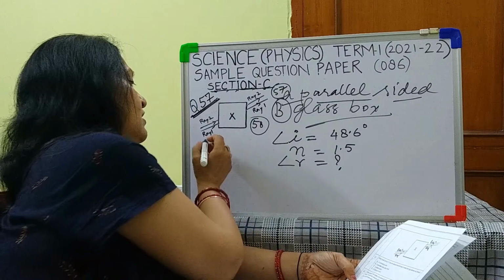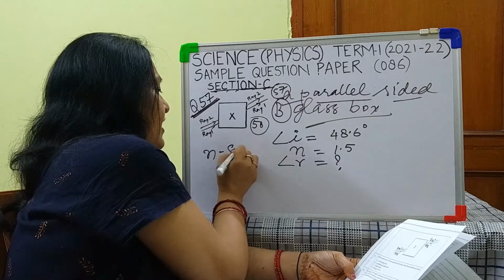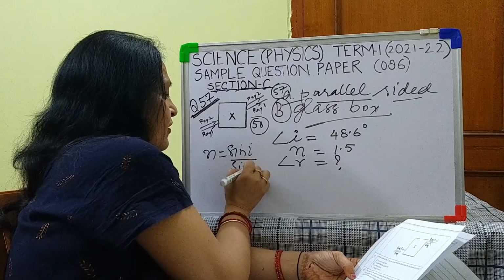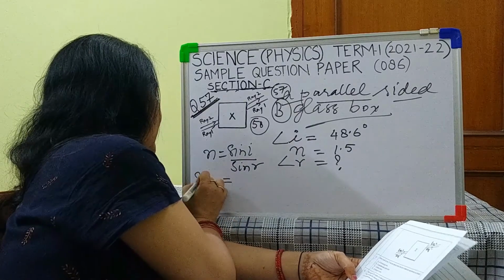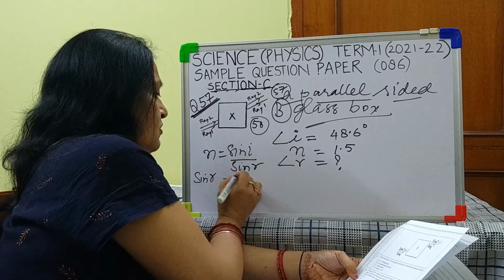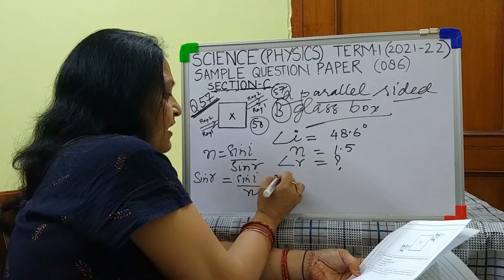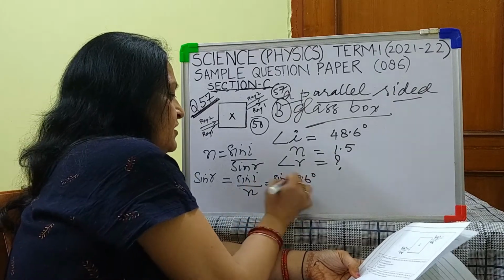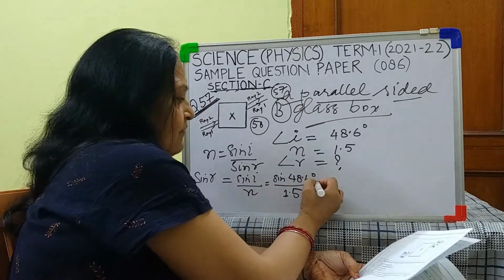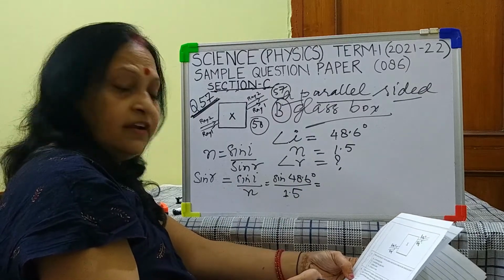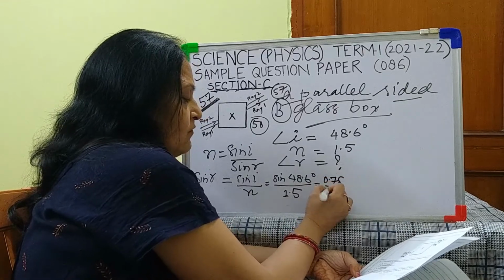Now as you know, by Snell's law, the formula is n equals sine i upon sine r. Keeping the values of sine i and n over here, we get the value for sine r. Sine r will be sine i upon n, that is sine of angle 48.6 degree upon n, that is 1.5 given here. The value of sine 48.6 degree is also given in this question as 0.75, and n is 1.5.